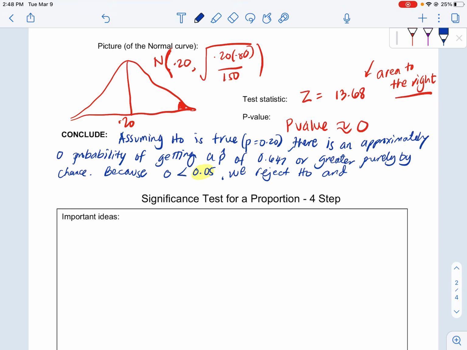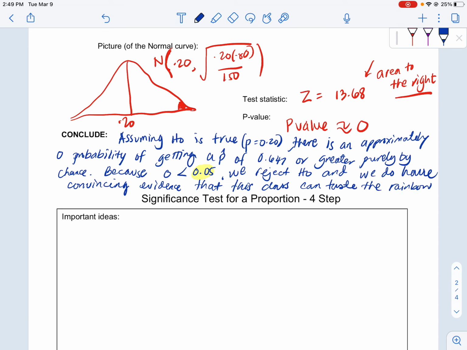We reject the null hypothesis, and we do have convincing evidence that the students in this class can taste the rainbow, that our p is greater than 0.20.